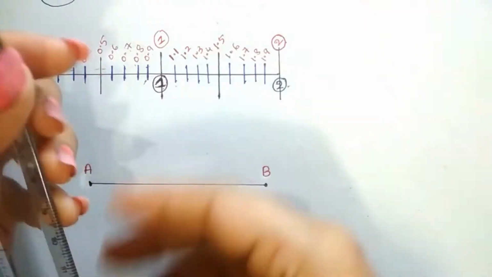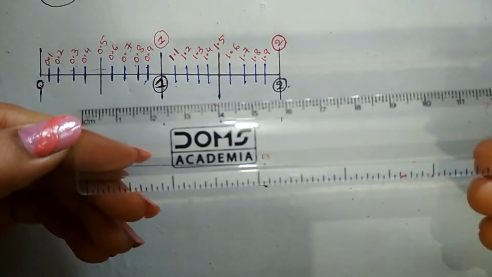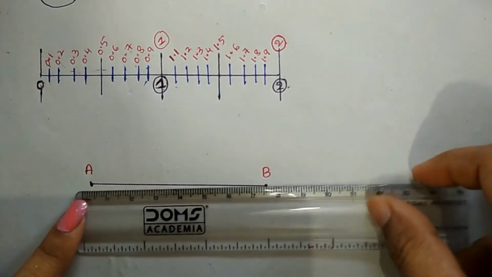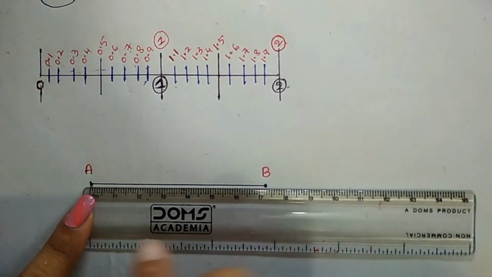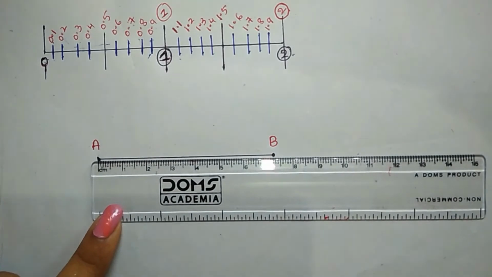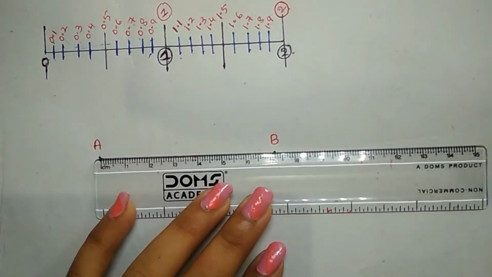First of all, take the scale. As you can see here, it is a 0 mark, and I am going to keep this 0 mark on this starting point. Here, this 0 mark exactly on this starting point.